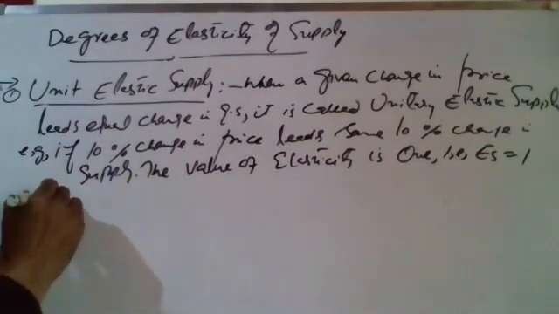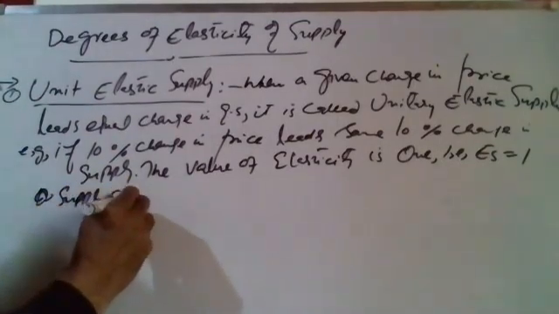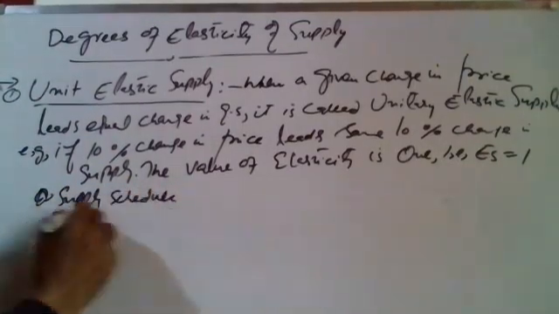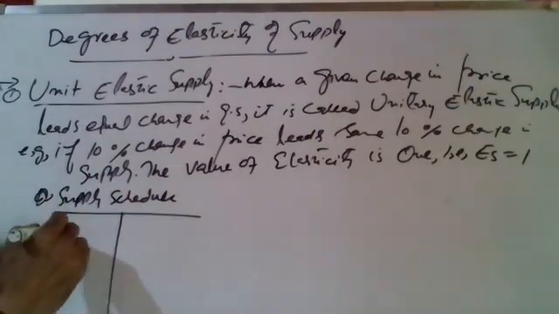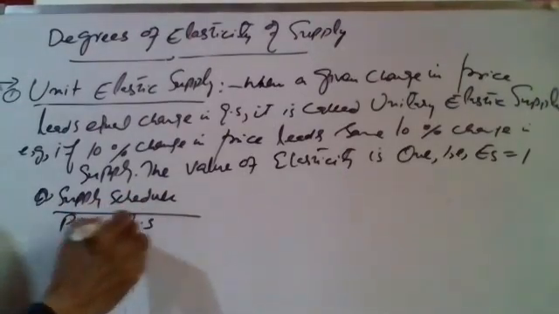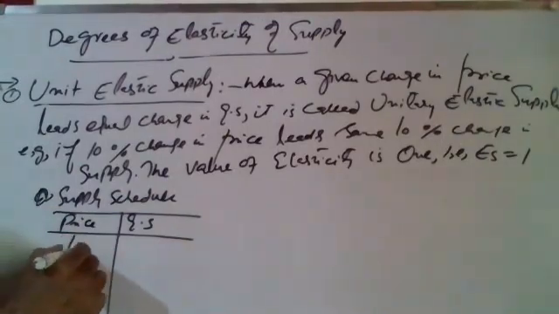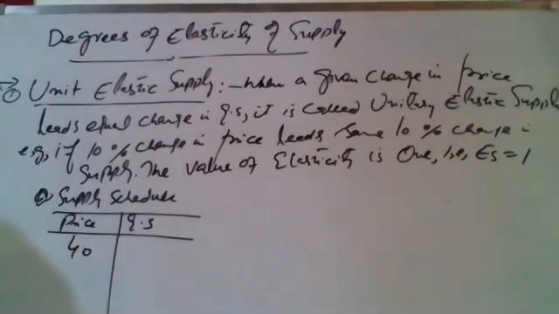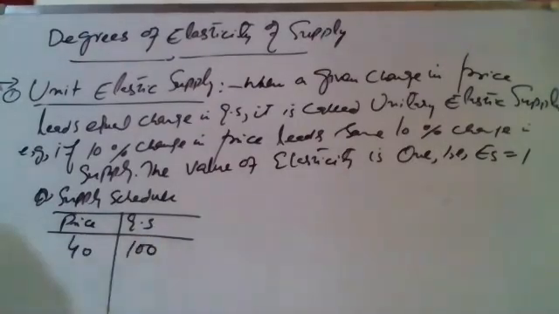For example, we can explain this with the help of a supply schedule. How to make a supply schedule for a unitary elastic supply. We have price and quantity supplied. If for example price is 40 and quantity supplied is 100.